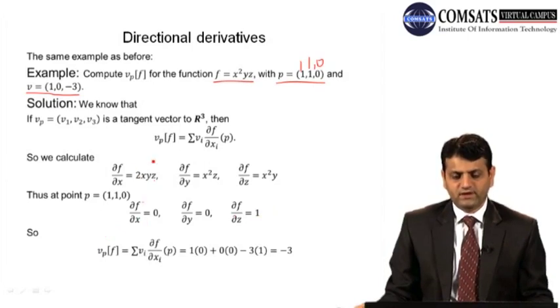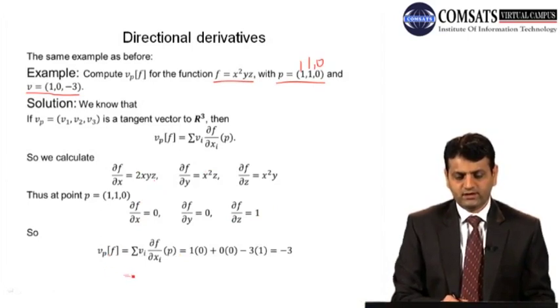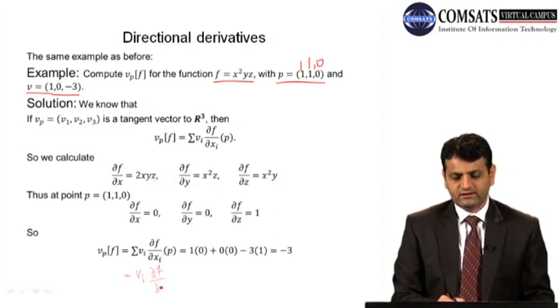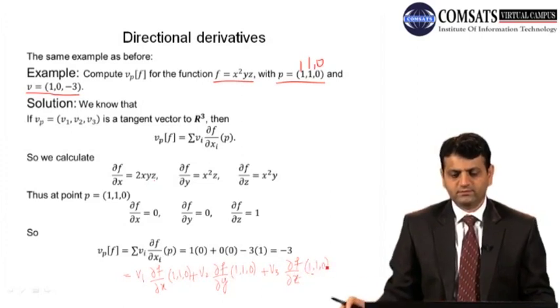So putting all of these values in our formula, we will get this. In a more explicit form, this formula is just v1 partial f by partial x at point 1 1 0 plus v2 partial f by partial y at point 1 1 0 plus v3 partial f by partial z at point 1 1 0.